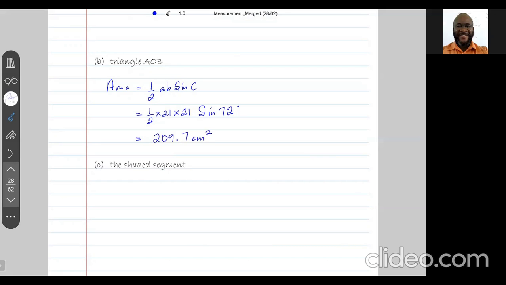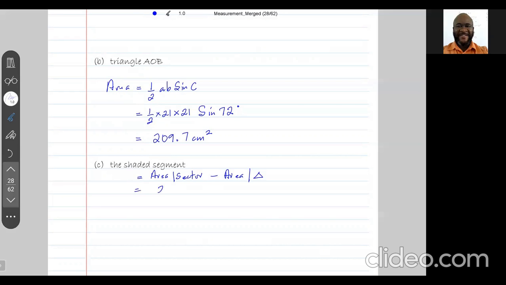And lastly, the area of the shaded segment. Remember that the sector is 1 part segment and 1 part triangle. If I take the area of the triangle from the area of the sector, what remains is the area of the segment. So the area of the segment is equal to the area of the sector minus the area of the triangle.